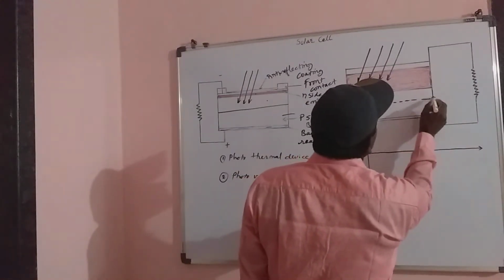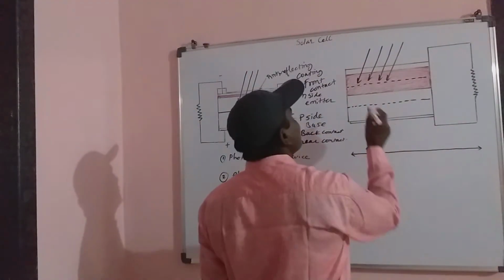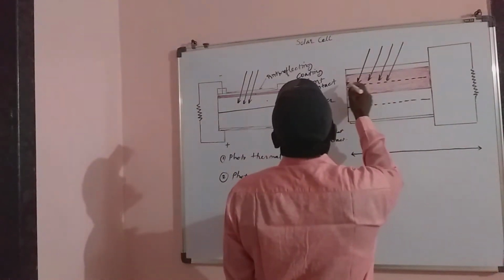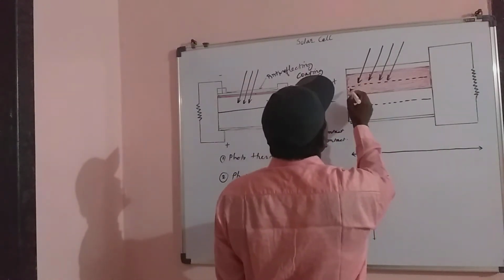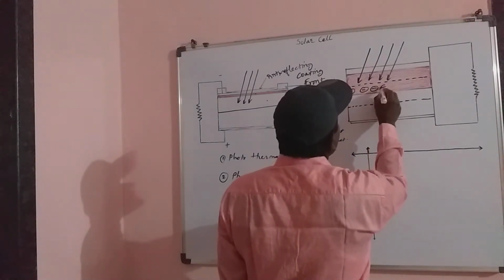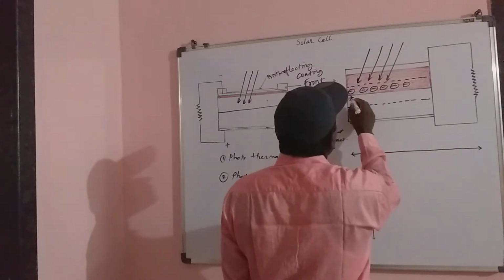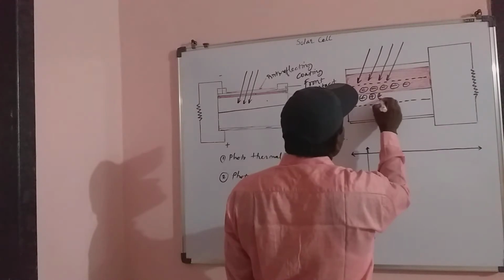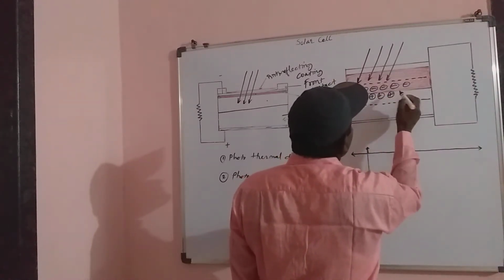Suppose this is the depletion region, and this is the n side, that means the front side. The n side contains electrons, suppose these are the electrons on the n side, and these are the holes on the p side.